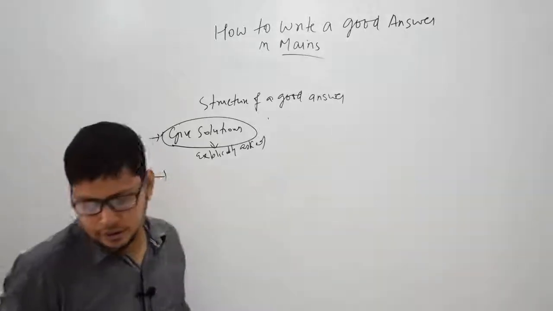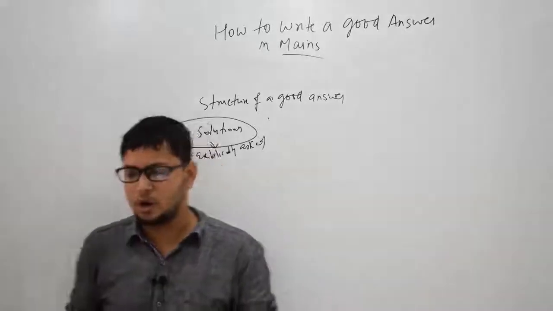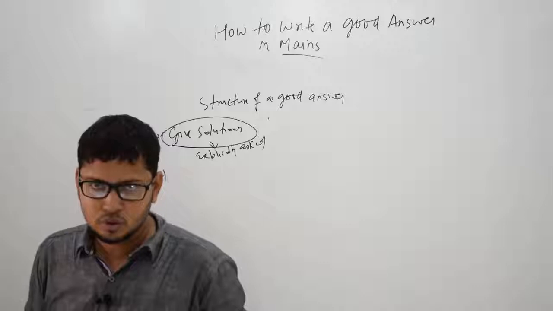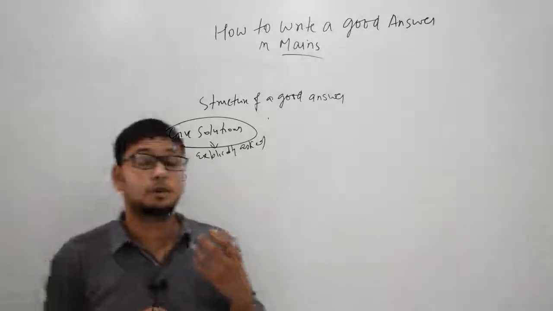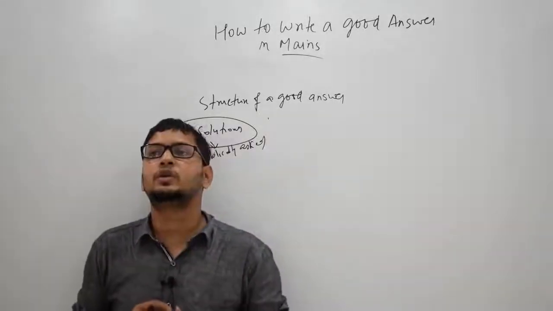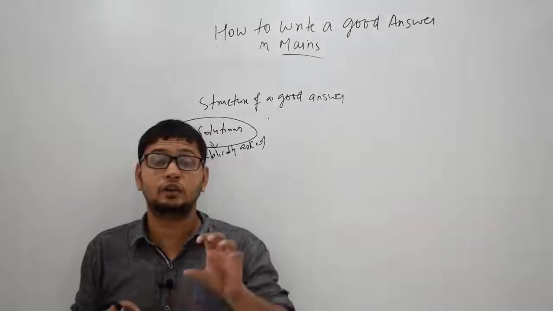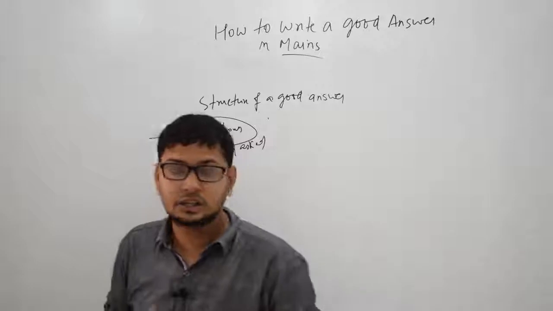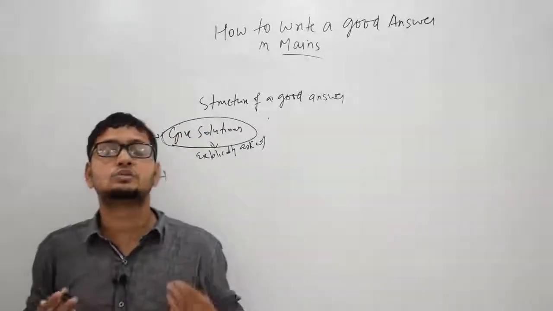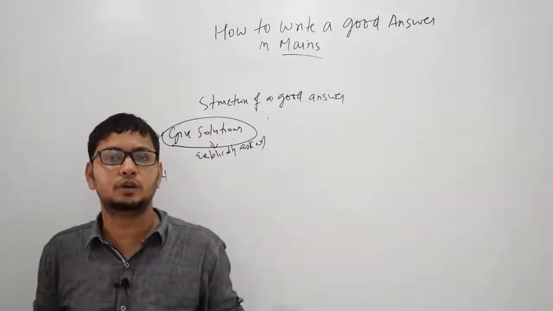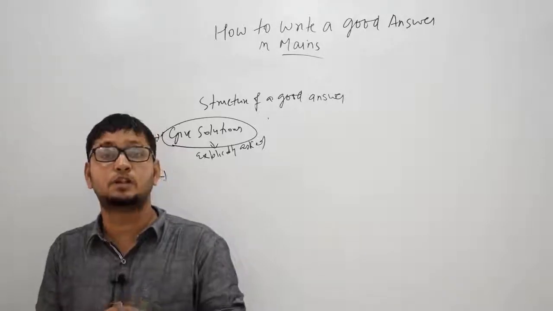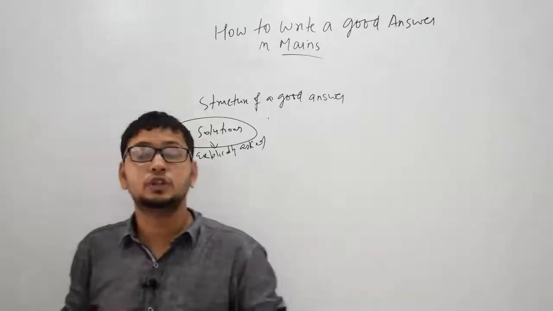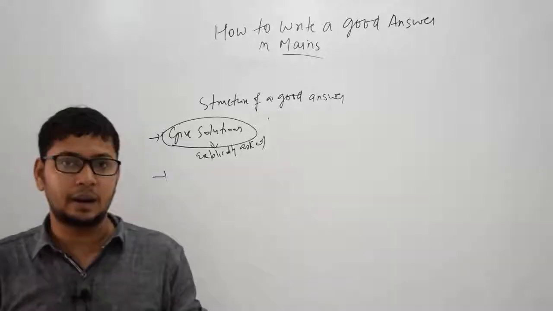Second and most important, you need to be optimistic. You need to be positive. Even when the tone of the question is very pessimistic, such as: should the position of governors, who have always played a bad role in India's politics, be scrapped?